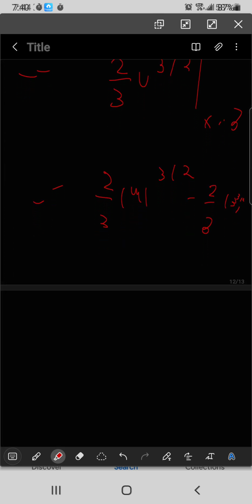Now, 4 to the 3 halves, how do we do that? We can write this as 4 to the 1 half, and 1 half times something equals 3 halves. So we have 2 thirds remaining. But we can't just do that. Wait, actually, if you add this, you will get 3 thirds.